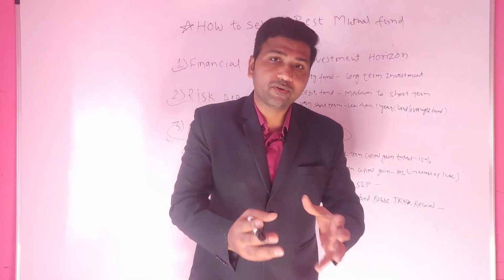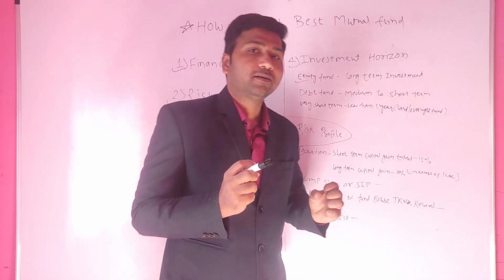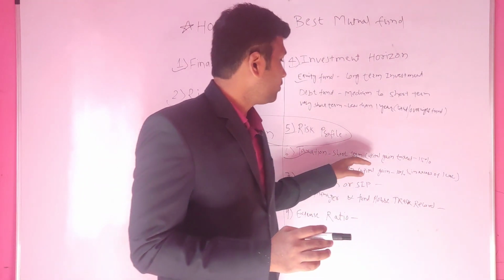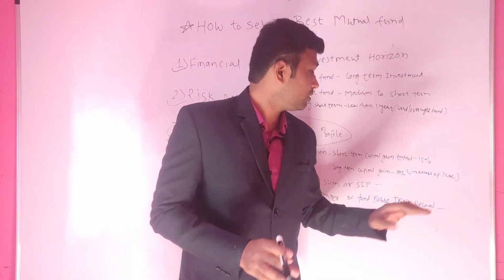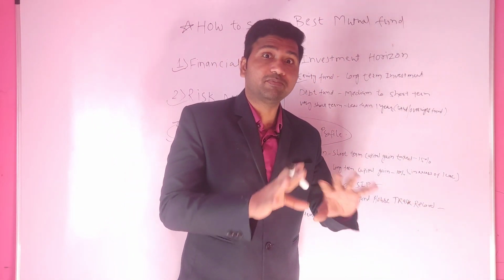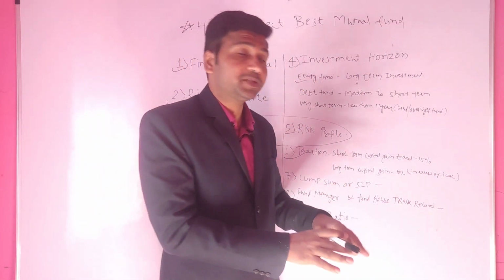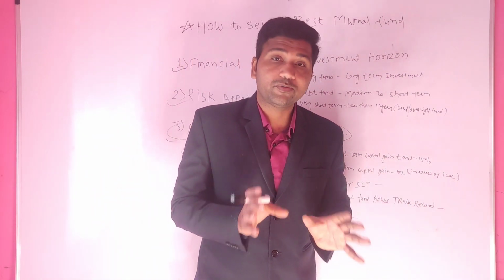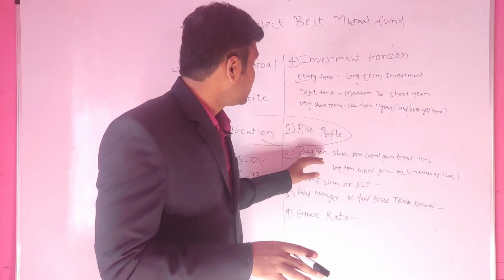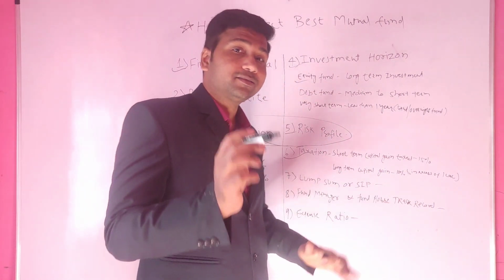So if you are withdrawing the money within a year, you will have short term capital gain taxes. This is 15% of your gain, and this 15% amount will get deducted. It is very important to understand what taxes are applicable.